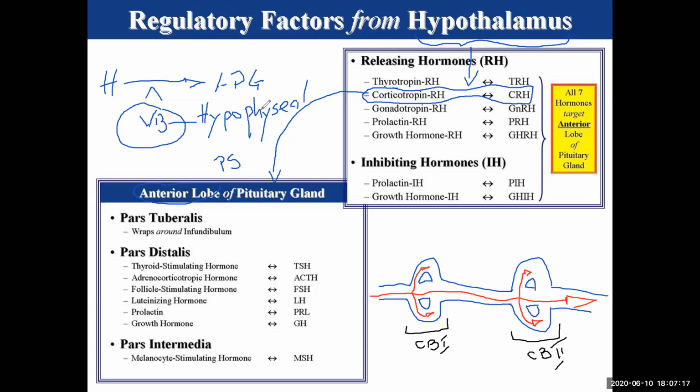For the hypophyseal portal system, capillary bed number 1 is in your hypothalamus. So the hypothalamus produces these hormones, regulatory factors, and then they travel to the CB2. In this case, CB2 is the APG, anterior pituitary gland, or the anterior lobe of the pituitary gland.